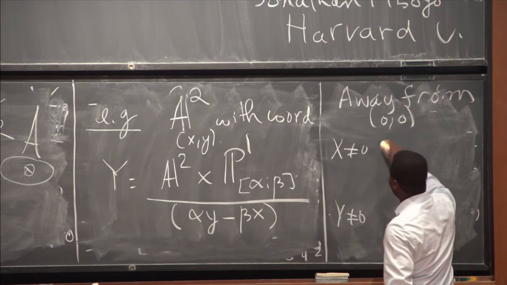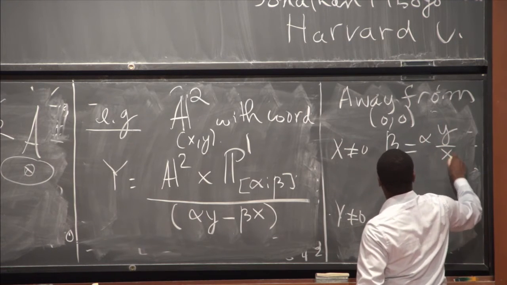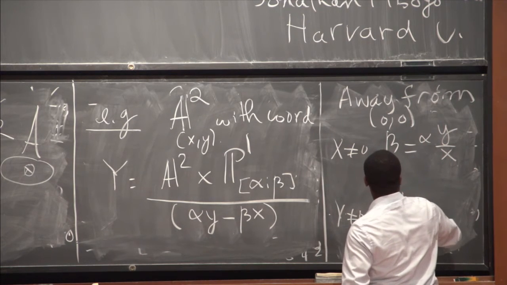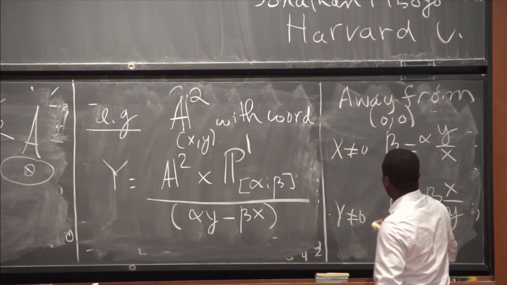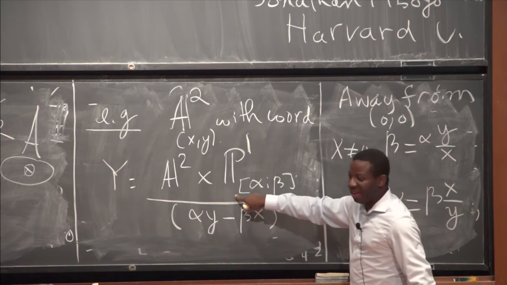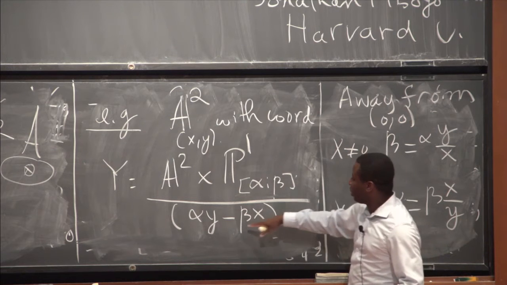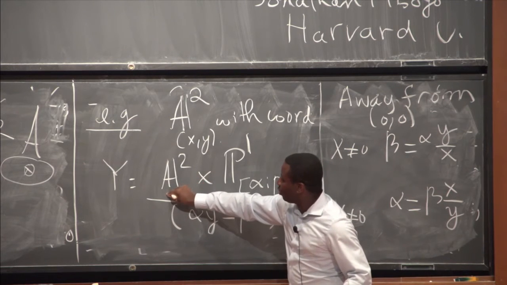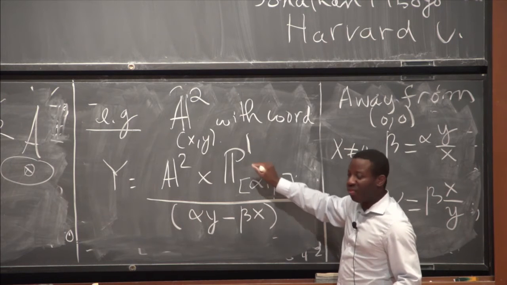If x is different from 0, I can solve for beta. And if y is different from 0, I can solve for alpha. So altogether, the extra space that I added doesn't really matter when I am away from the origin, because I can always choose a point of A2 and give explicitly a unique point in P1.